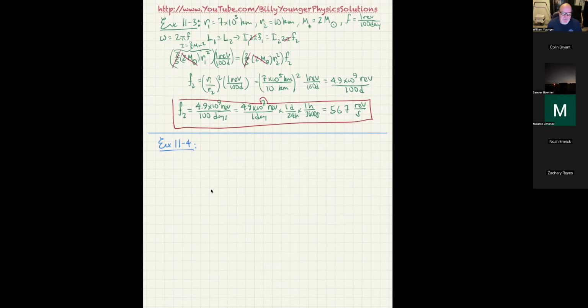The platform is at rest initially, but when the person begins running at a speed of 4.2 meters per second with respect to the Earth around its edge, the platform begins to rotate in the opposite direction, as in figure 11.5. Calculate the angular velocity of the platform. So, in this case, you see very distinctly a human is running on a circular disc like a merry-go-round.